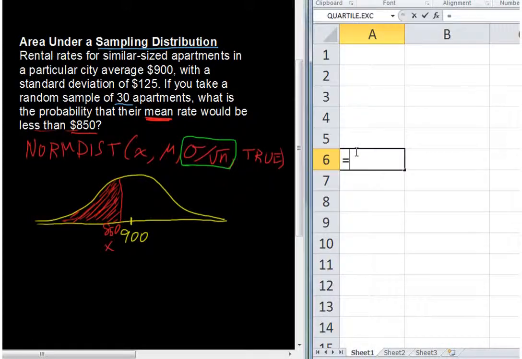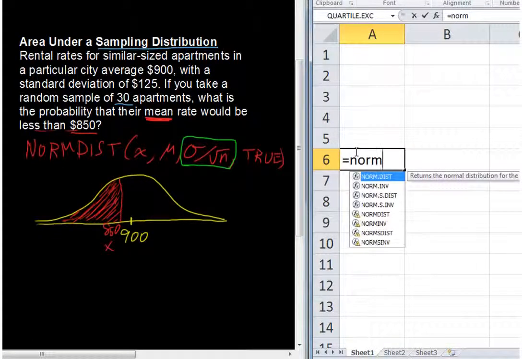So equals NORM.DIST. Now, this is Excel 2010 that I've got, and I'm going to show the function from earlier Excel versions just because the older Excel versions don't have this NORM.DIST that you see here. The newer versions do, but the older versions have the older function.